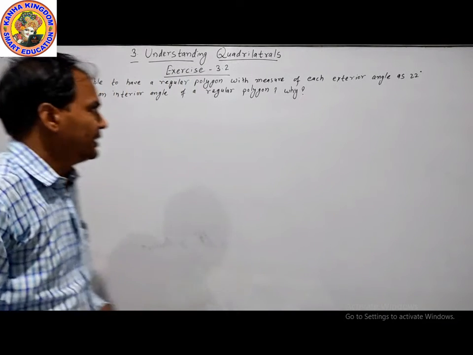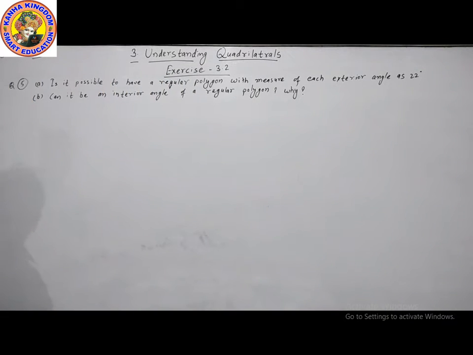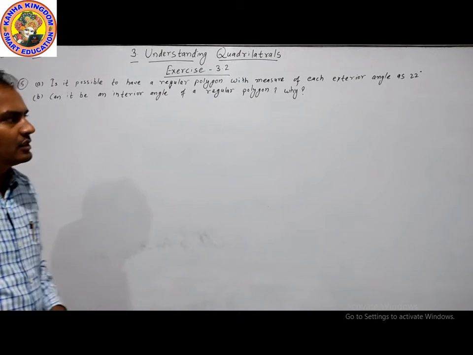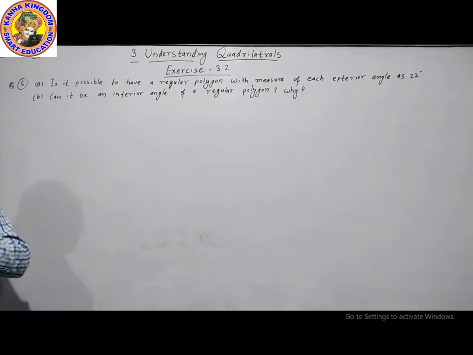Now our next question is question number 5, part A. Is it possible to have a regular polygon with the measure of each exterior angle as 22?